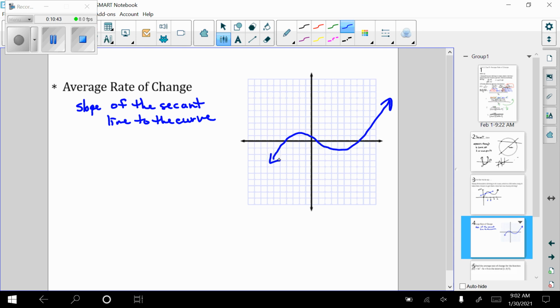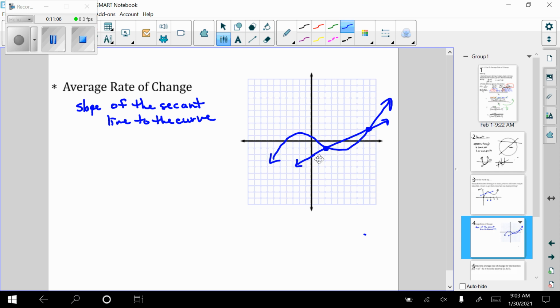If I drew a secant line from, let's say, here to here, if I drew my secant line between those 2 points, I can calculate my average rate of change between those 2 values because I can calculate the slope.